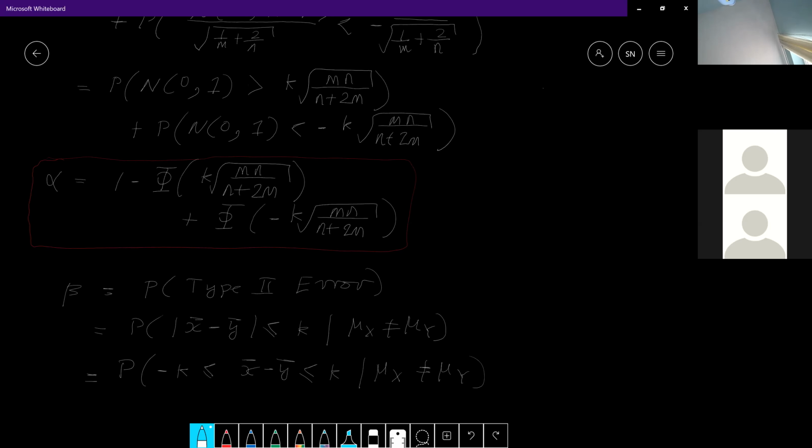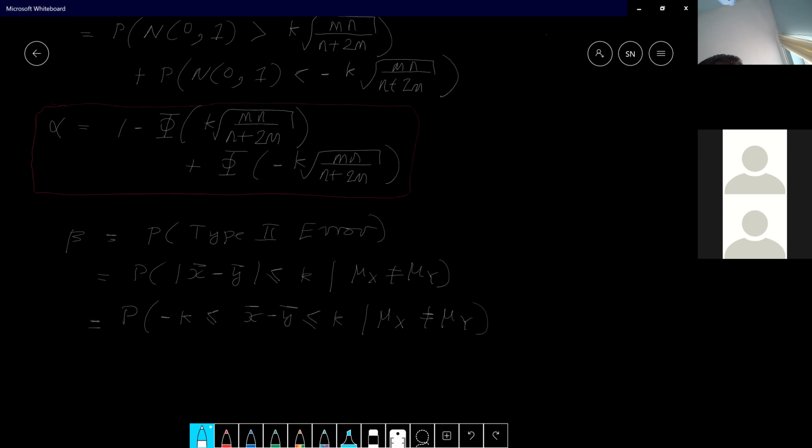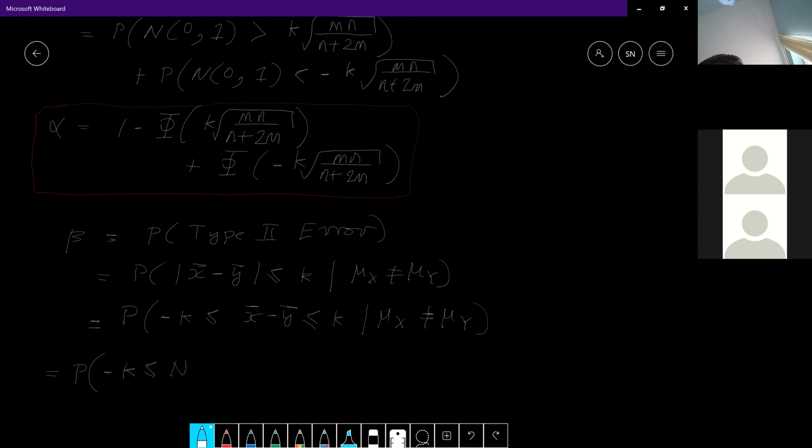Okay, so because the absolute value is less than or equal to k, if you remove the absolute sign, what you get is this: without the absolute sign, x bar minus y bar must be between minus k and plus k. Okay. All right, now this will be the probability that x bar, remember, has a normal distribution with mu x and variance 1 divided by m.